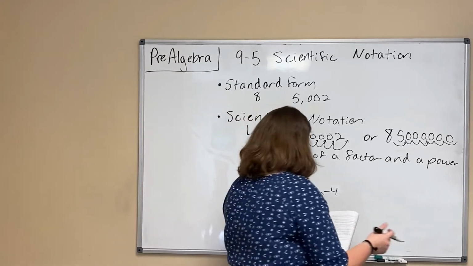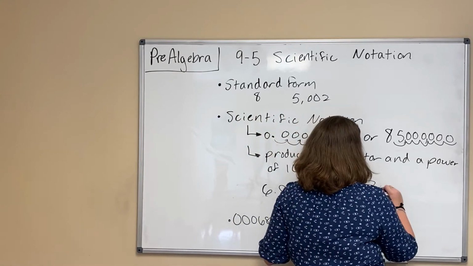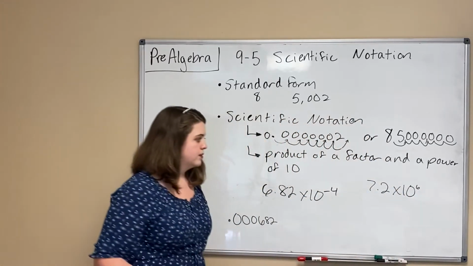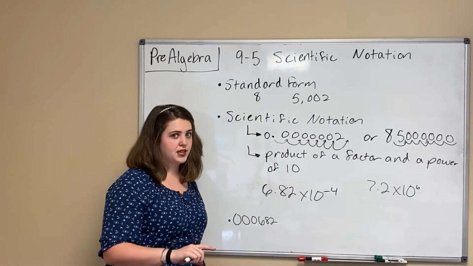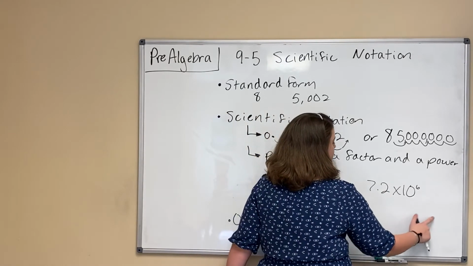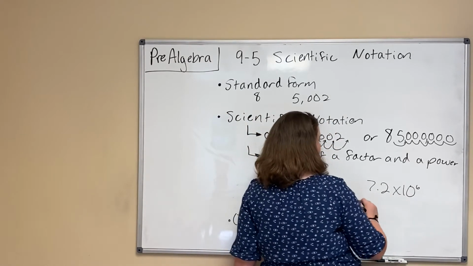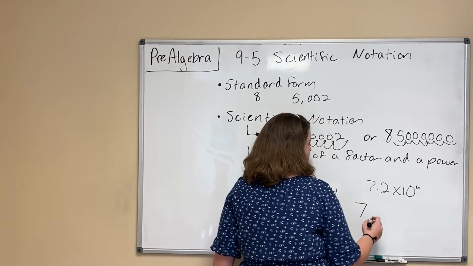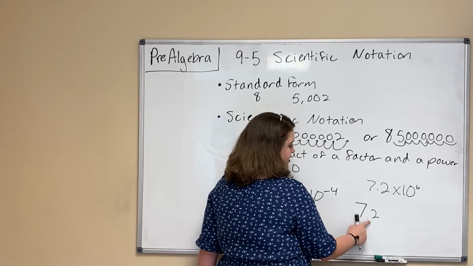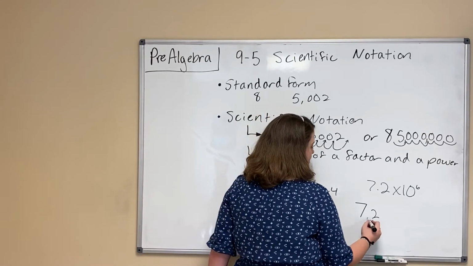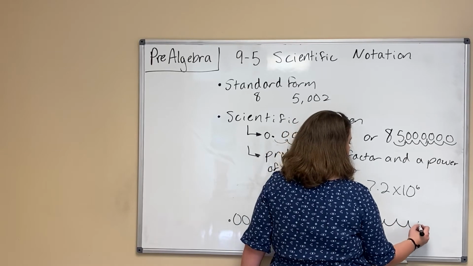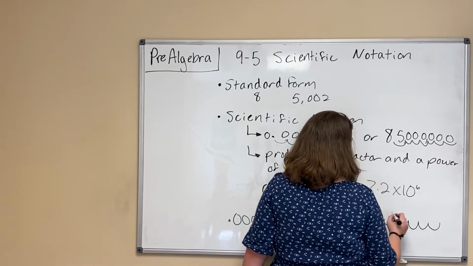Same with if I had a really big number like 7.2 times 10 to the 6th. Now I'm multiplying it by 10 6 times, so I'm going this way. So I'm going to take my decimal place and move it 6 times. 1, 2, 3, 4, 5, 6.